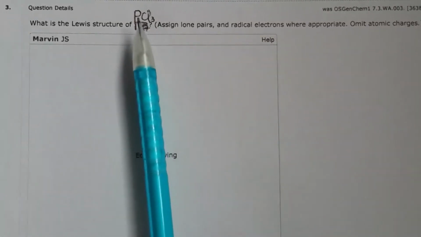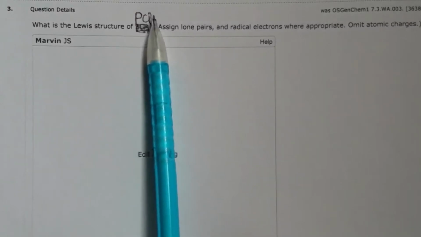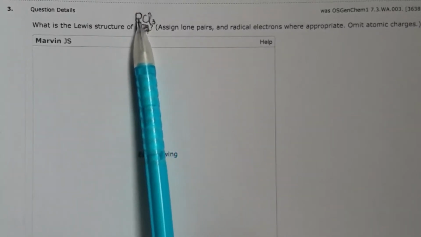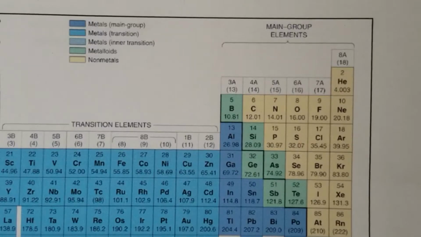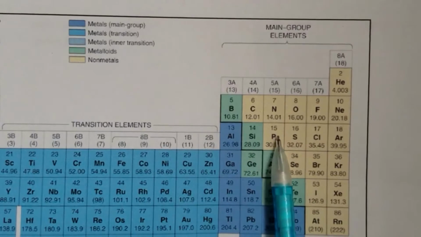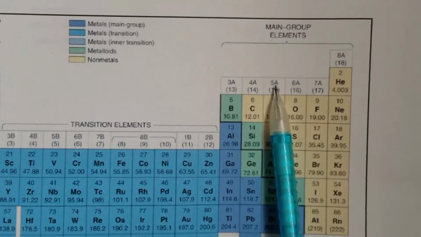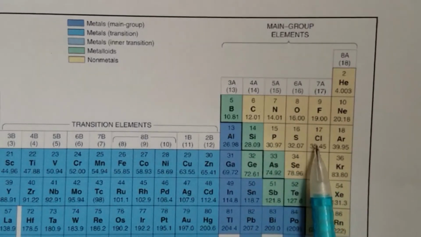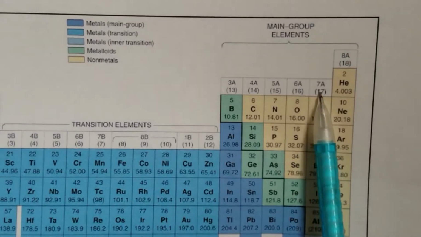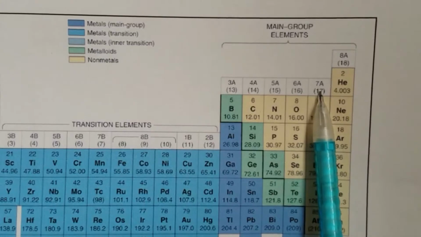So first, we need to find out the total number of the valence electrons in this molecule. Phosphorus has 5 valence electrons, and chlorine should have 7 valence electrons.